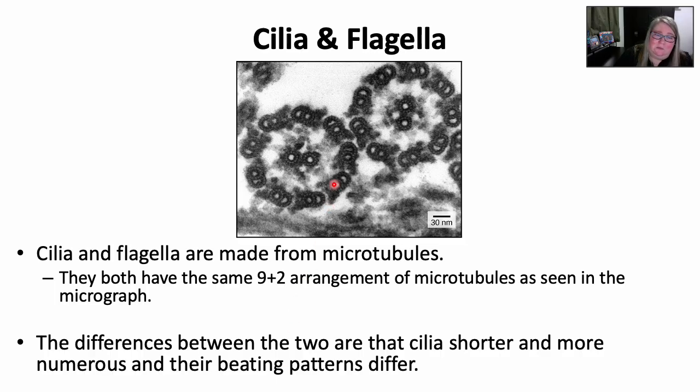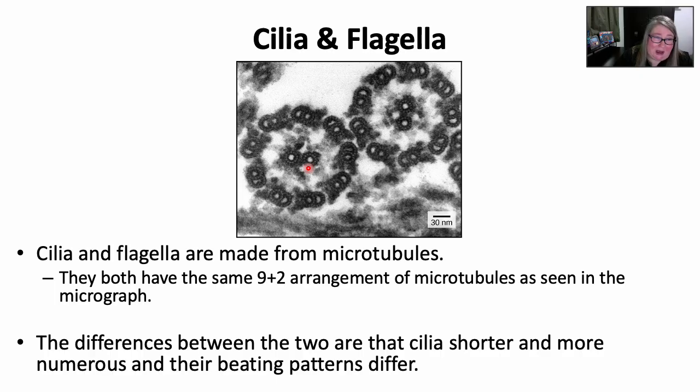We have a 9 plus 2 arrangement, so we have 9 pairs of microtubules with a pair of microtubules on the inside. So all of our flagella and all of our cilia are made the same way. So this is what they're going to look like on the inside, which are going to allow for the movement of our eukaryotic cells.